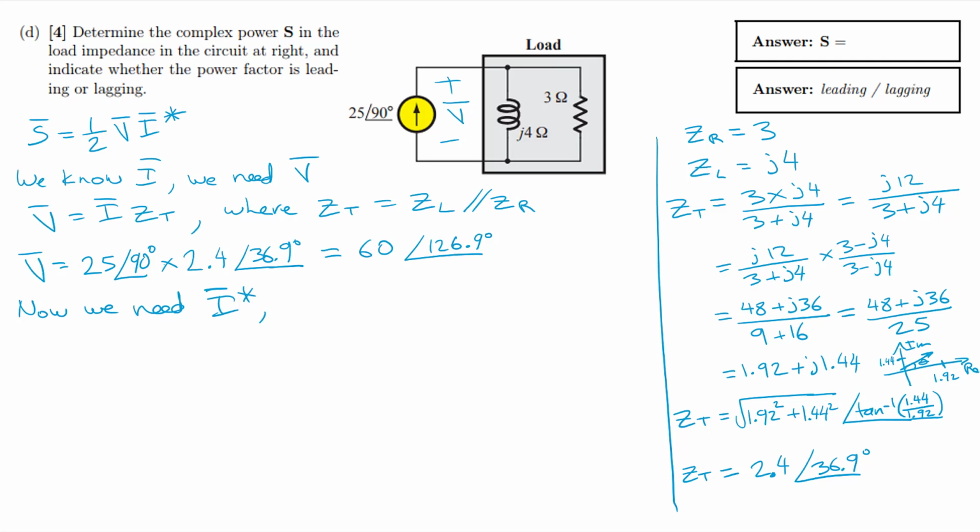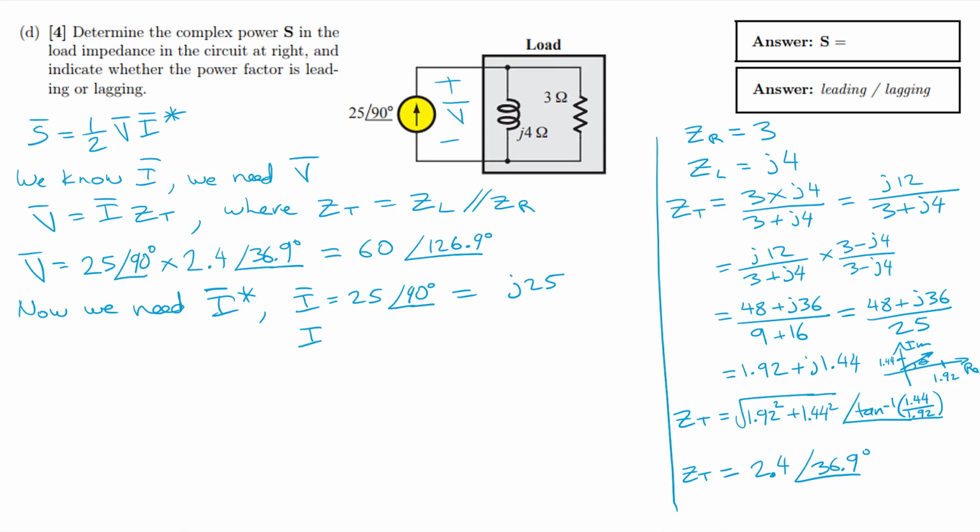So we know that I is equal to 25 at a phase angle of 90 degrees. If we convert it to rectangular form, the real part is going to be 0, so we just have an imaginary part, and that's J25. Positive J25. If we think about the phasor diagram, that's what it works out to.